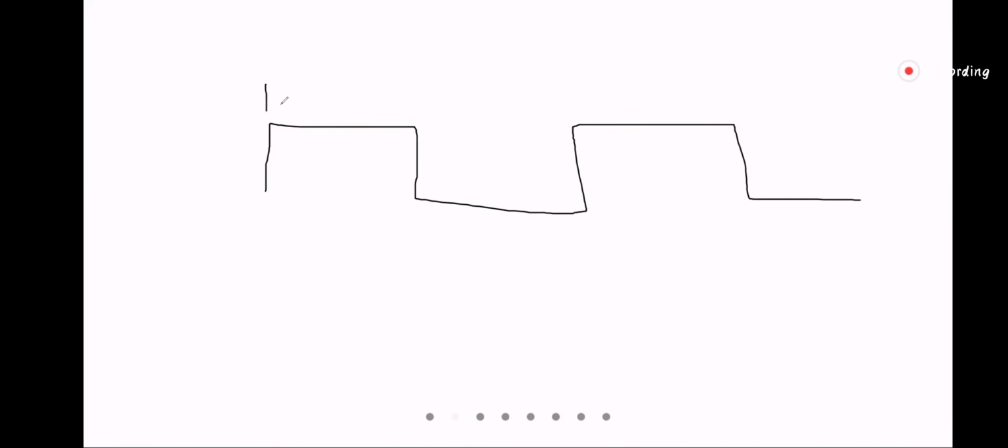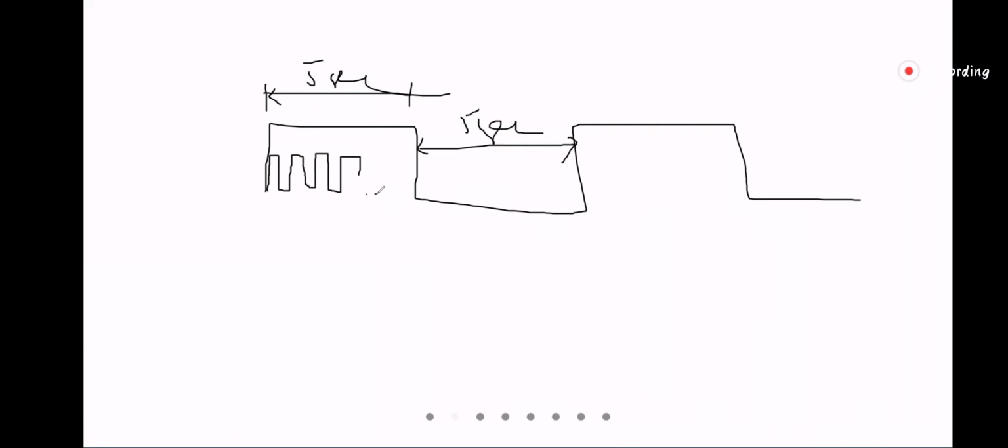From here to here you need 50 milliseconds. If you do that, why is the graph not coming like this then? If it is 50 milliseconds, or let's say, this dot is 50 milliseconds.